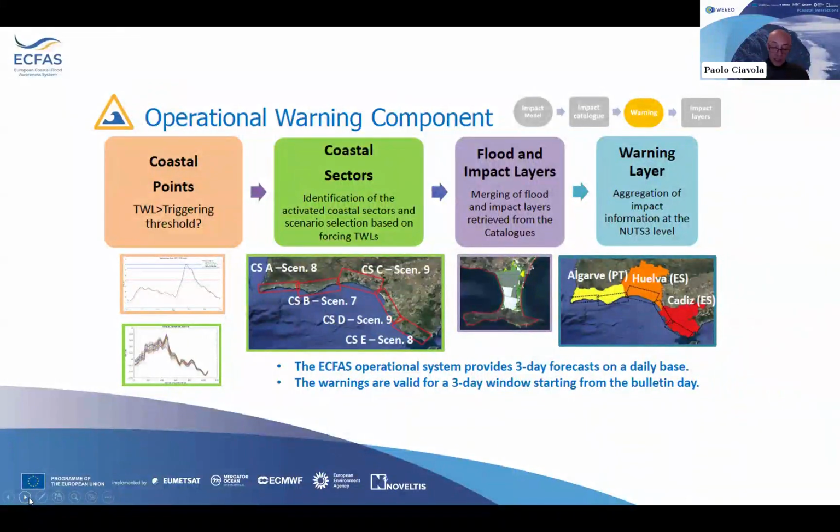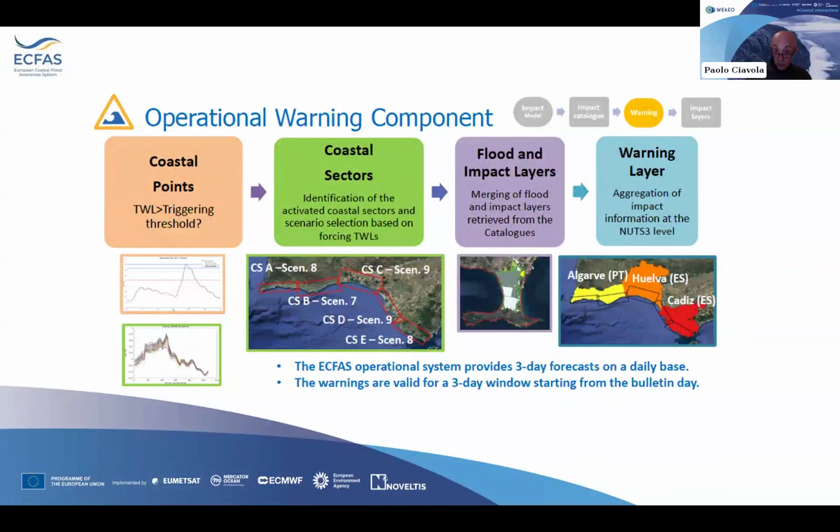Then we have to move a little bit away from the flood database. You can go and have it, but here is how we were proposing to use it at operational level. You can see there is the forecast from CMEMS. Then for every coastal point in CMEMS, we identify where a threshold is exceeded. We did some work doing a reanalysis and choosing the thresholds.